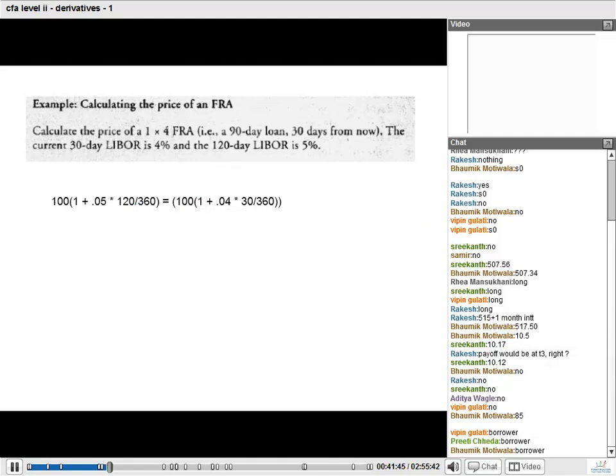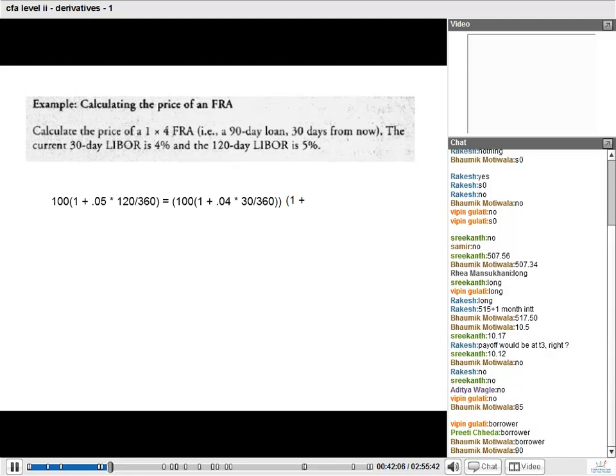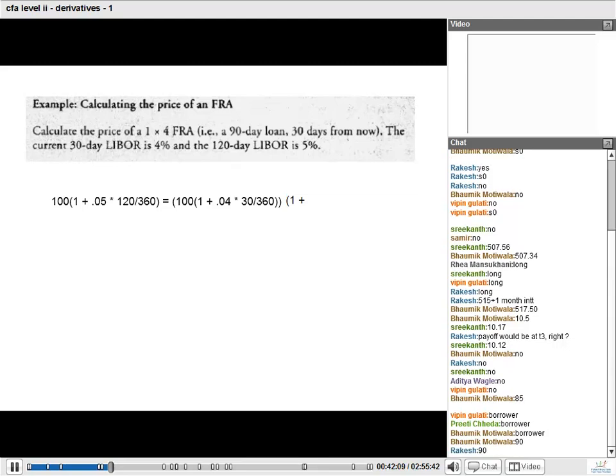Instead of that, for some reason I just chose to borrow for 30 days. 30 days later I'll have to return the bank this entire amount of money. That means I'll have to borrow this entire amount from another bank for a period of how many days? 30 days have already passed by, so I need the borrowing now for another 90 days. So what will I get? I will get the 90-day rate one month from now.